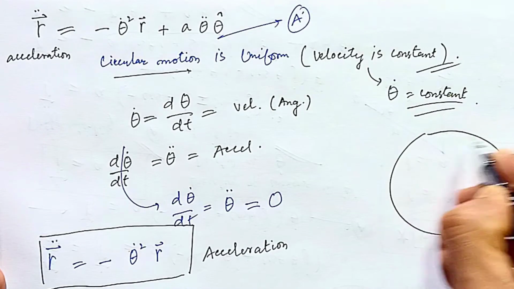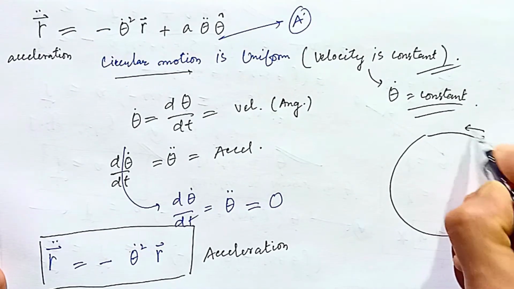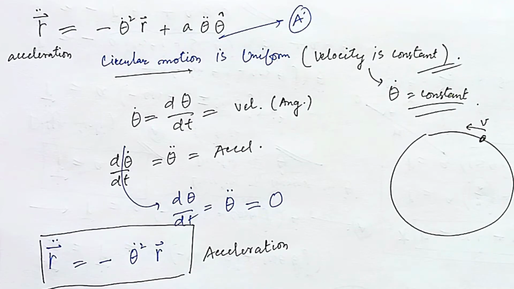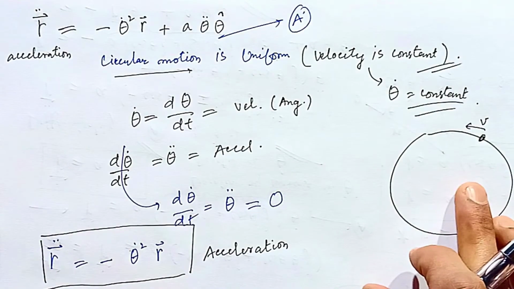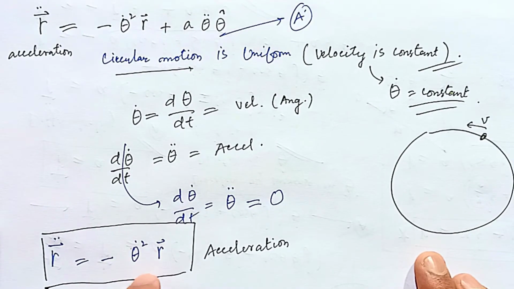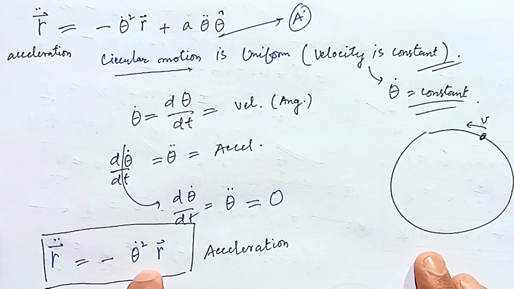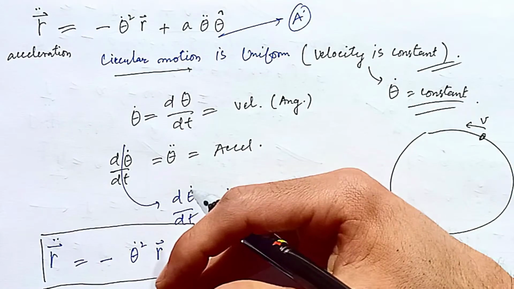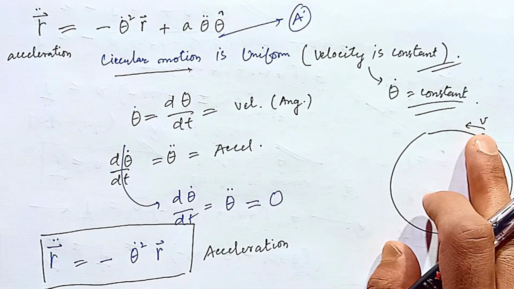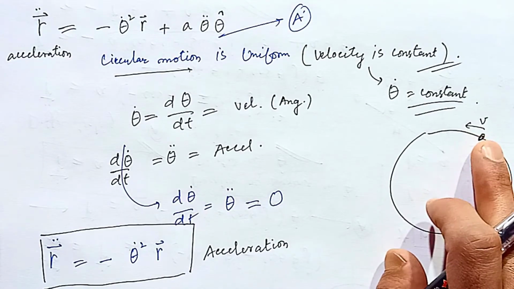This is the circular path, and the particle is moving with constant velocity, but still it is facing an acceleration, and that acceleration is brought in by this component, because the direction is still changing, even though the magnitude is kept constant.